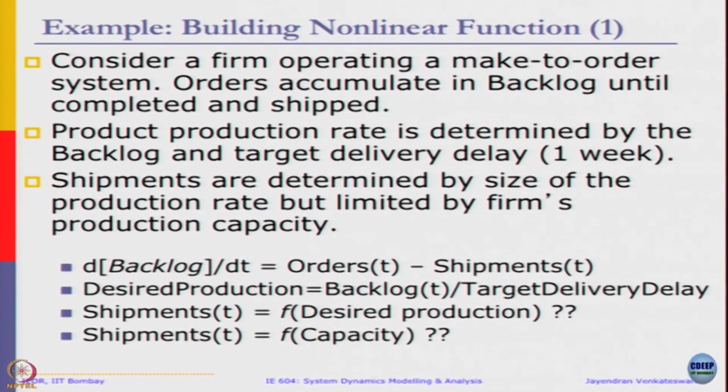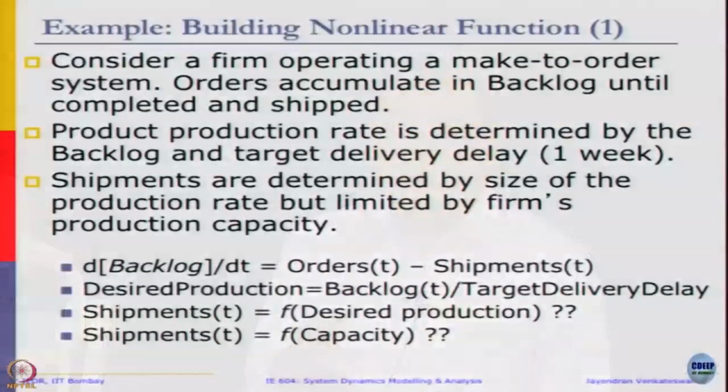Okay, it's quite obvious to see that there is only one stock, backlog. As soon as an order comes, it goes into backlog, right? As long as the backlog exists, people start to work, and based on the target delivery delay, they decide to work faster or slower.